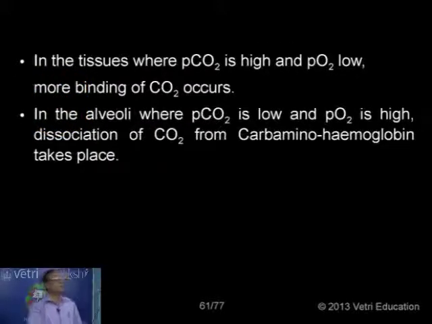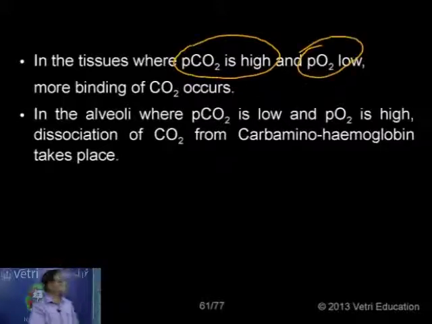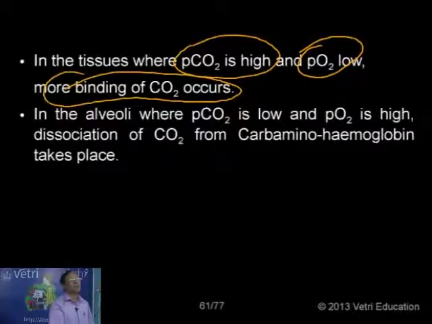Now, let me represent the same thing again. In the tissues, where PCO2 is high and the partial pressure of oxygen is low, more binding of carbon dioxide happens. As there is more carbon dioxide at the tissue level and less PO2, carbon dioxide readily combines with hemoglobin to form carbaminohemoglobin.